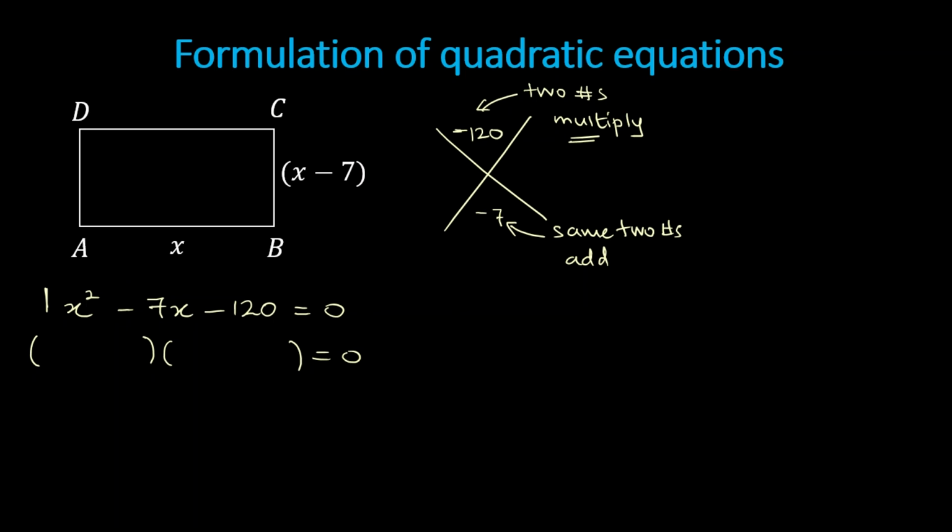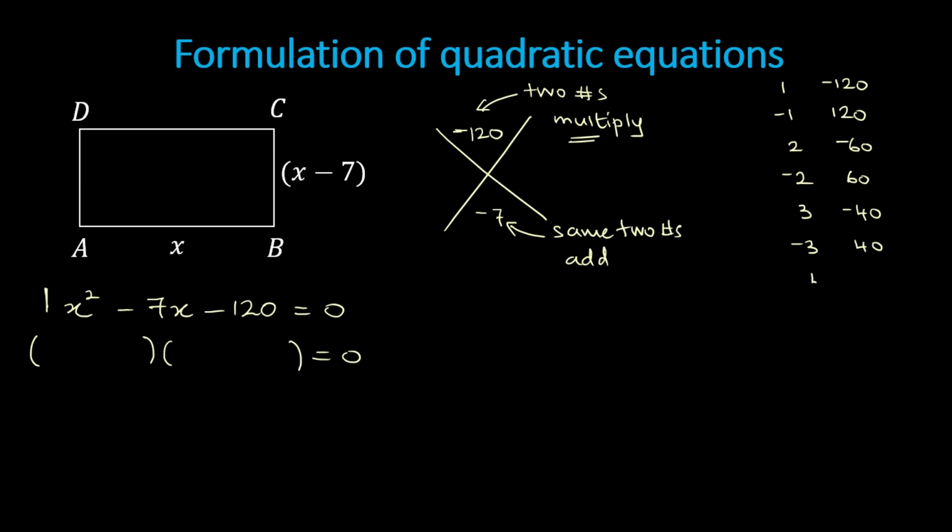What are the two numbers which when we multiply give negative 120? So I write it here. I have 1 times negative 120 or negative 1 times 120 or 2 times negative 60, negative 2 times 60, 3 times negative 40, negative 3 times 40.